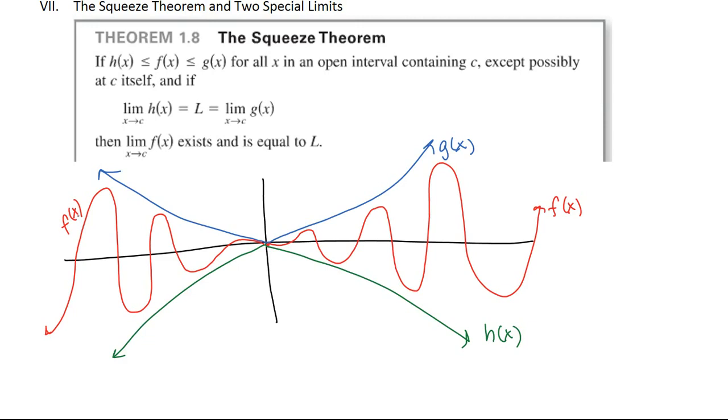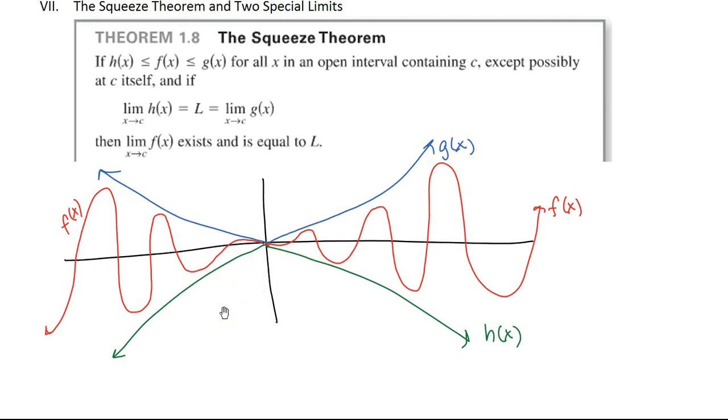Now, if at the same c, h of x and g of x are both going towards the same point, so they're both approaching the same limit L, and we know that f of x is in between those two at any given time, less than or equal to, so they could be the same at that point, then you could see the squeeze here. It's like you're taking your fingers and squeezing the curves, and you're squeezing that red squiggly f line in the middle.